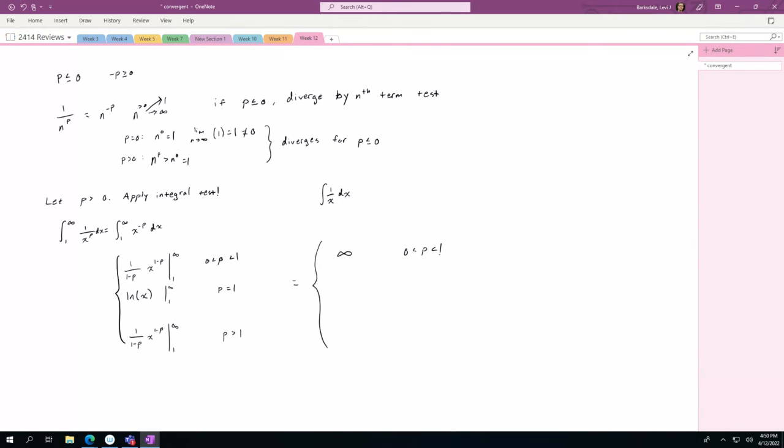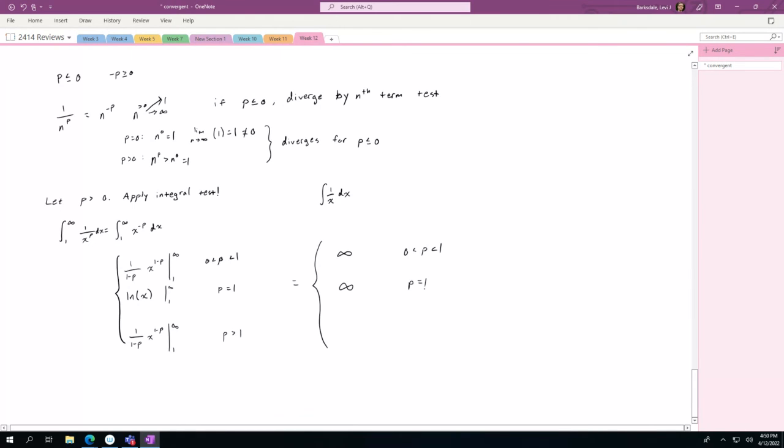Not 0. It is infinity, yeah. Remember the graph of natural log? Looks kind of like this, and it just keeps going upwards. And that happens when p is equal to 1.